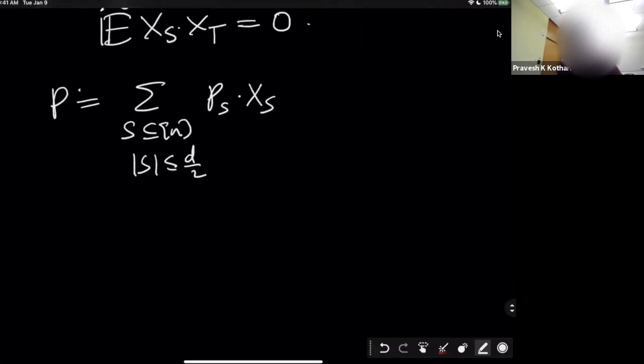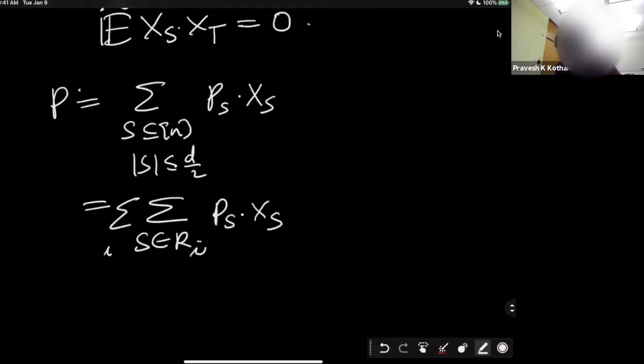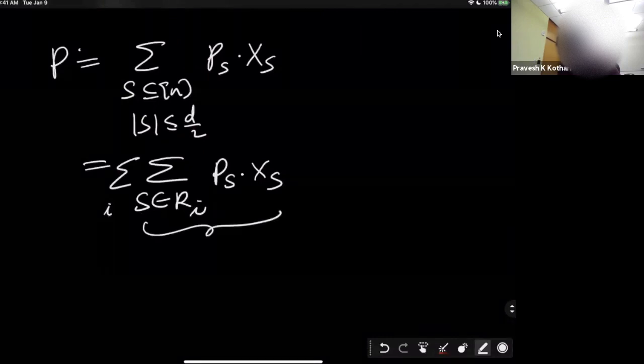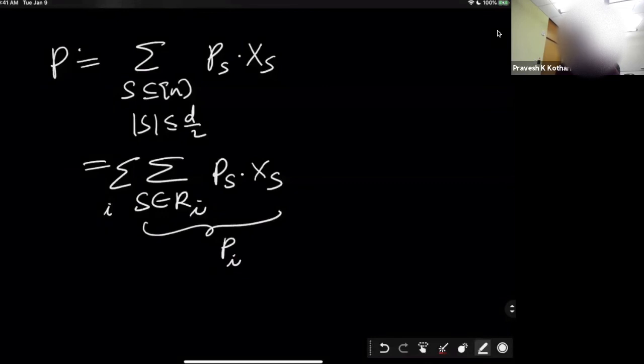So what I'm going to do is split the polynomial also according to these classes. Let's call each of these inside polynomials p sub i. So p_i is a linear combination of only the monomials that appear in the ith equivalence class. Okay.